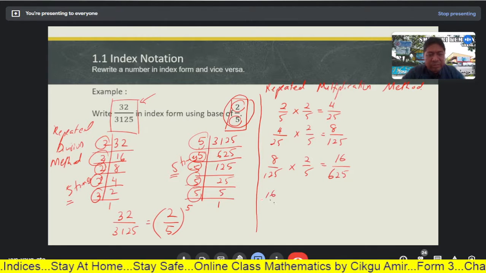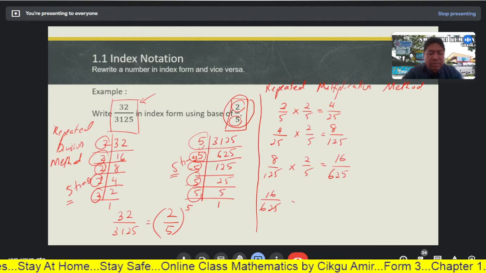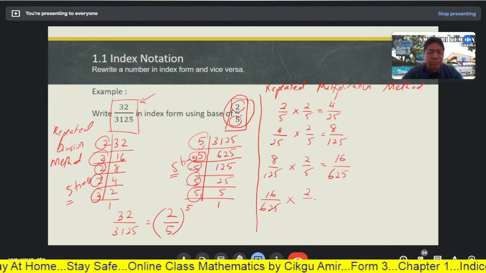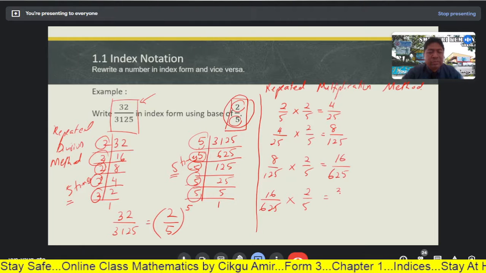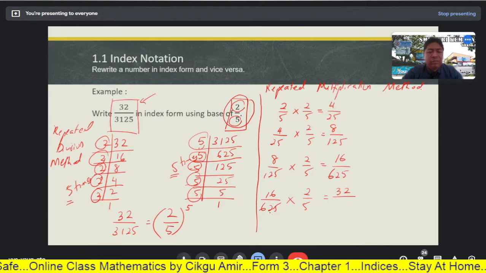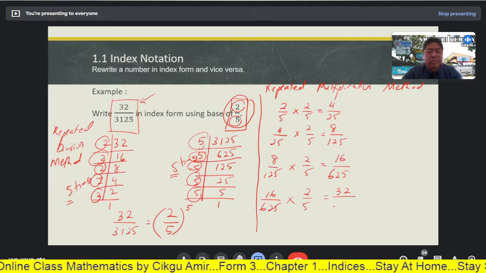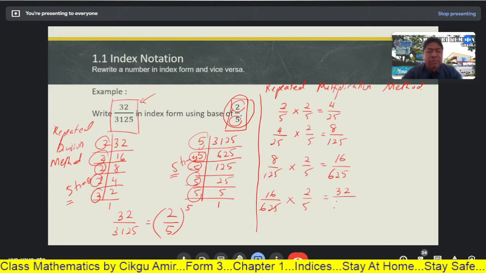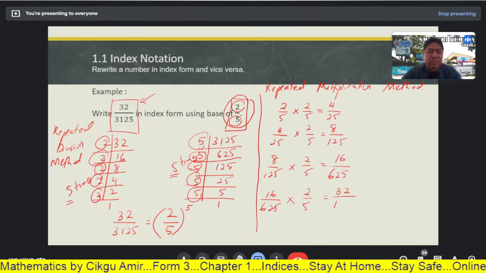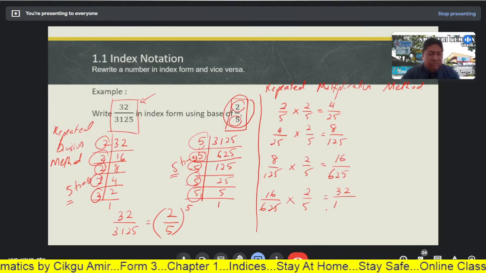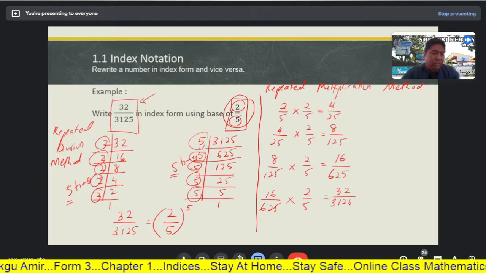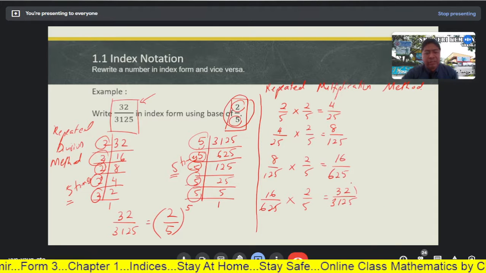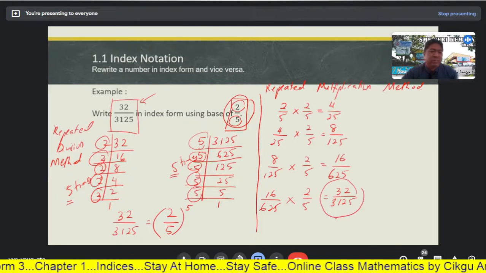Continue. 16 over 625 multiplied by 2 over 5: 16 times 2 is 32, 625 multiplied by 5 is 3125. Okay, so this is the answer.